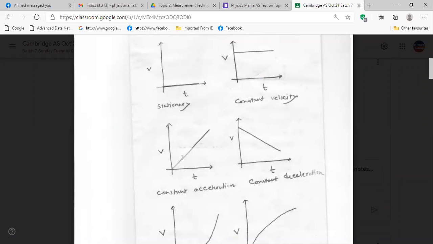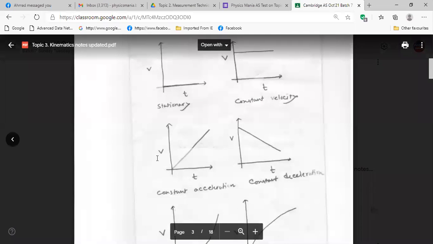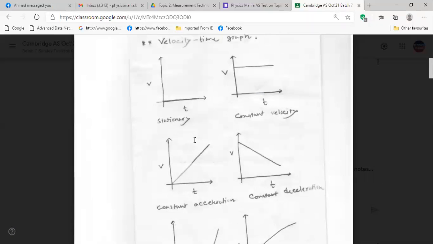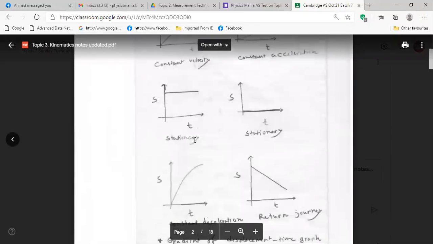If you think velocity time, with time increasing, velocity increasing, that means acceleration. And as the rate is always the same, that's why we are getting a straight line. That's why it is constant acceleration, it will not be constant speed, right?